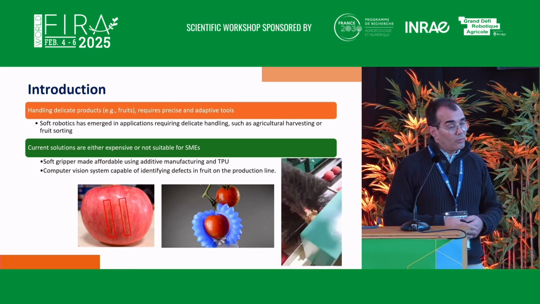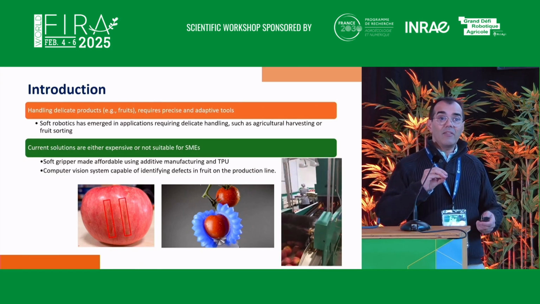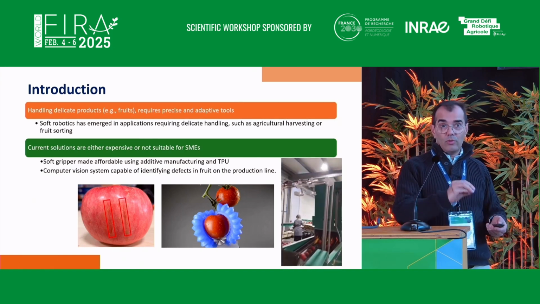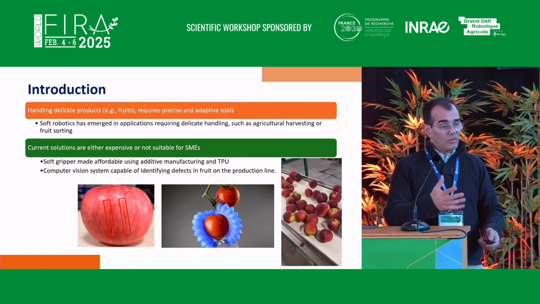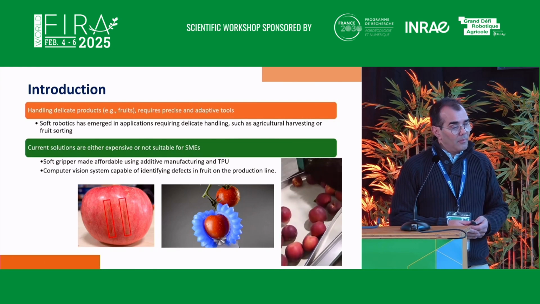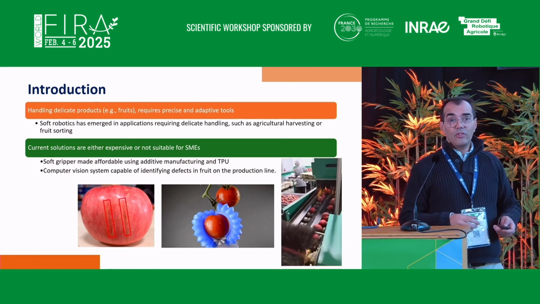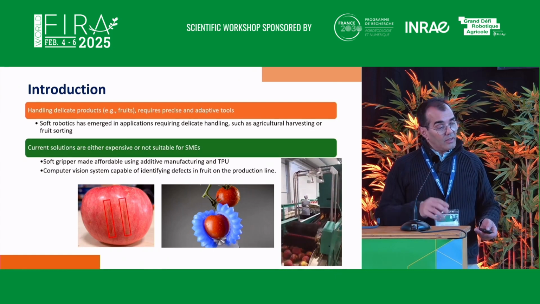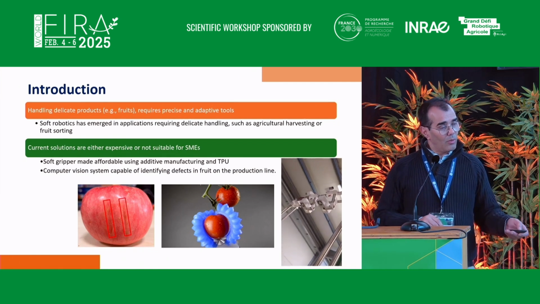So the soft grippers that we are now proposing are developed in TPU, so we can make them with additive manufacturing. It's very low cost and very simple to do. And then we also use computer vision systems in order to identify the defects in fruits. I will show you how we have done this.